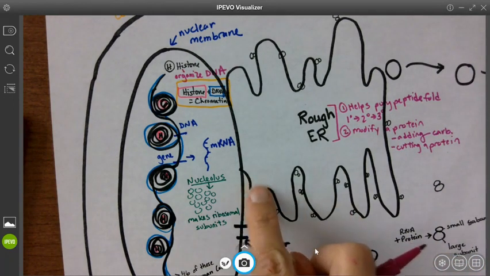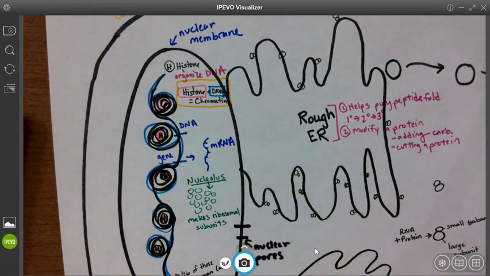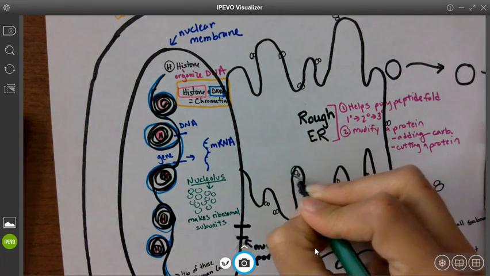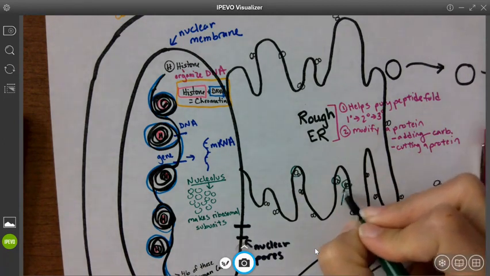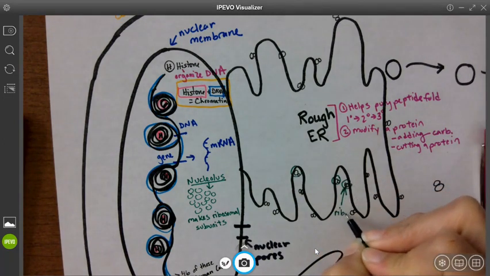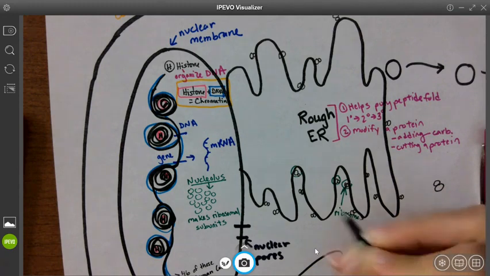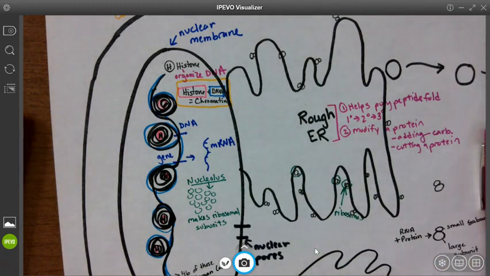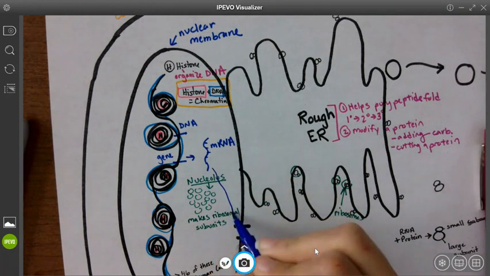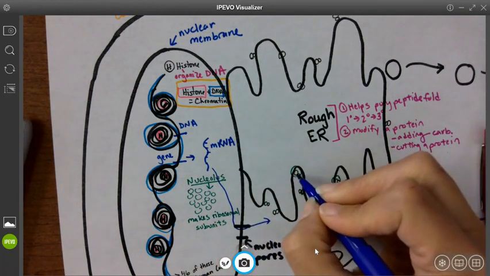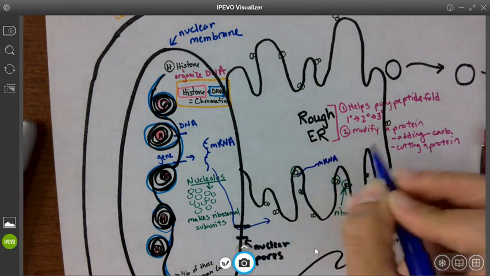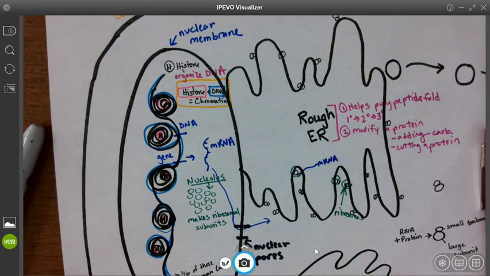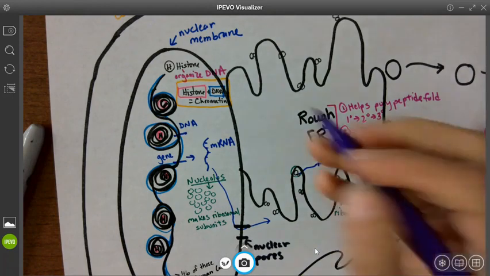This all occurs in the rough ER because, as you can see, and as we talked about earlier, the ribosomes are attached to the surface of the rough ER. These attached ribosomes are going to meet up with this mRNA that left through the nuclear pores. And this mRNA is going to be read in the process of translation to make our polypeptide.